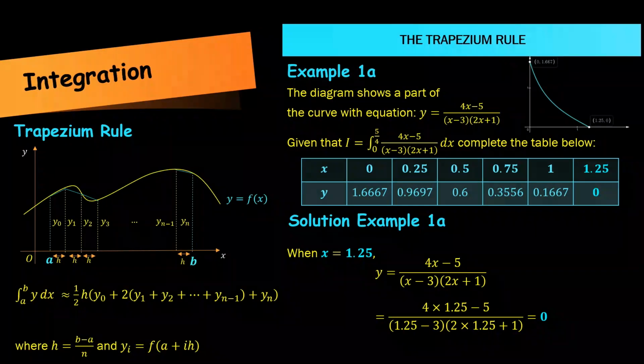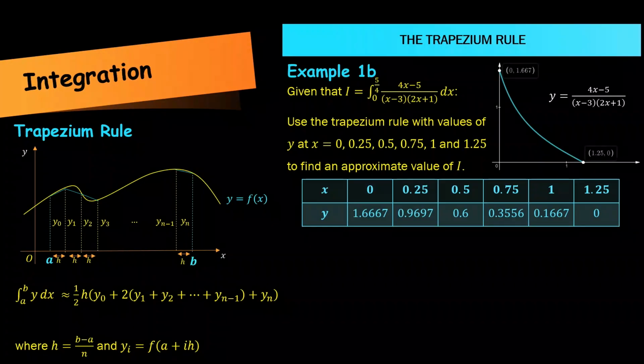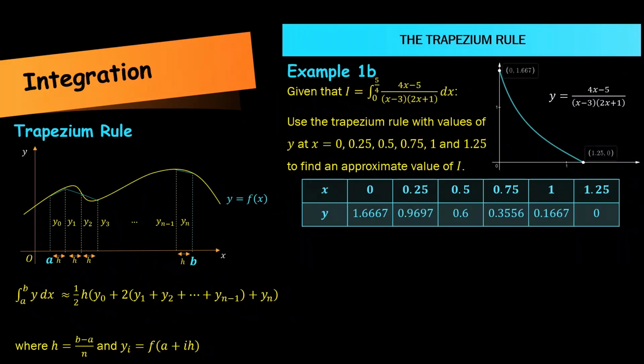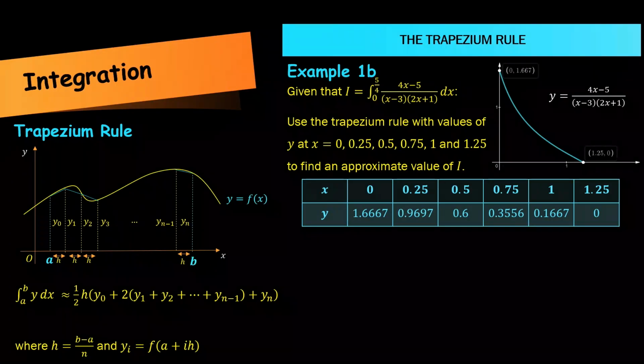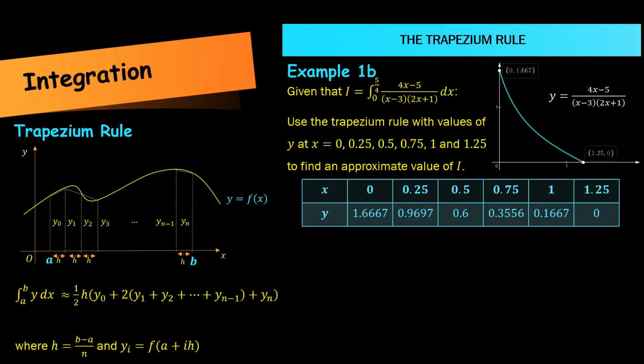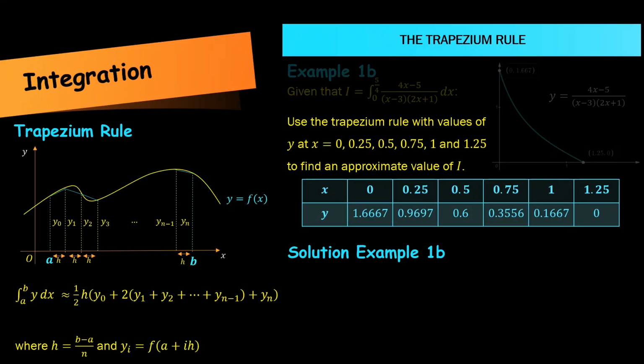Now let's take a look at part B. Given that the integral I is defined as shown, use the trapezium rule with the values of y at x equals 0, 0.25, 0.5, 0.75, 1 and 1.25 to find an approximate value of I. So let's solve this.